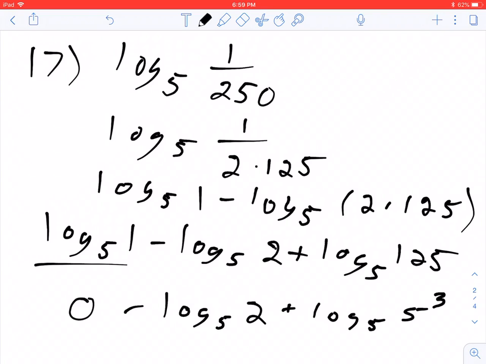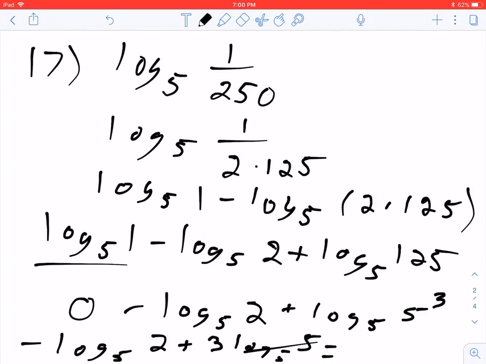The 0 goes away. We have negative log base 5 of 2 plus, remember the power property allows us to bring the 3 down, and then it becomes log base 5 of 5. Well, log base 5 of 5 cancels, so this just goes away, and we're just left with the 3.